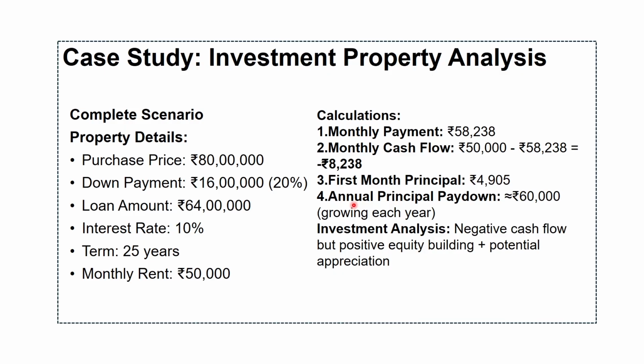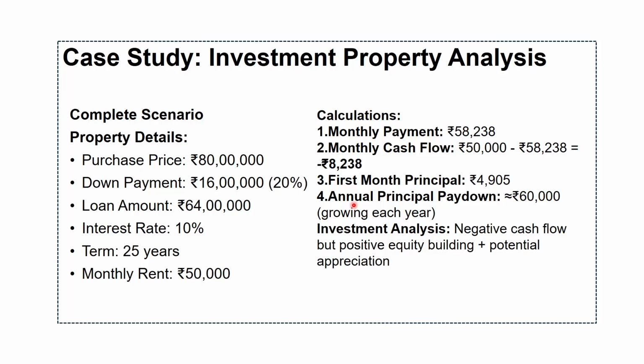Monthly payment is 58,238, resulting in negative cash flow. Month 1 principal is 4,905 with annual pay down of 60,000, growing yearly. Despite negative cash flow, equity build-up and 5% appreciation, that is 4 lakh yearly, creates positive returns.